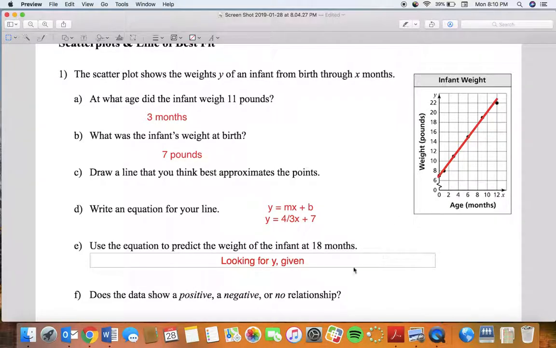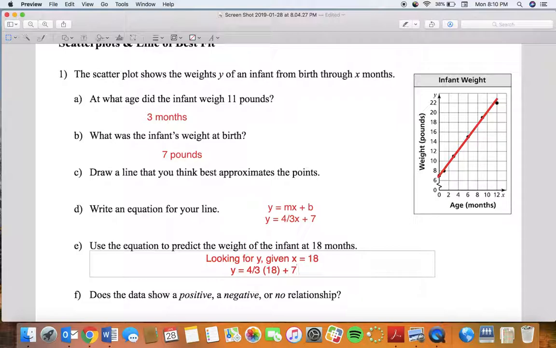Months is the x, so I'm given x equals 18. And now I can use my equation, except instead of an x, I'm going to put in an 18. So I'm still going to have y equals because I'm looking for y. I'm still going to have 4/3. But then instead of an x, I can put in an 18 because I'm not looking for just any x. I'm looking for the specific x of 18. So y equals 4/3 times 18, still plus 7.